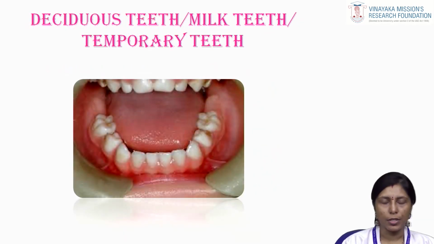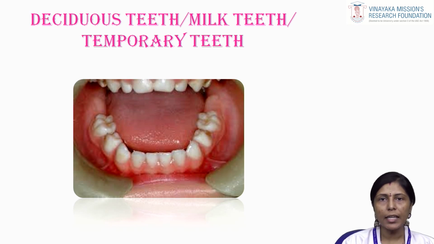Deciduous dentition comprises 20 teeth, 10 in the upper jaw, 10 in the lower jaw. Upper jaw is also called maxillary, lower jaw mandible. So, upper jaw medical terminology is maxilla, lower jaw medical terminology is mandible.